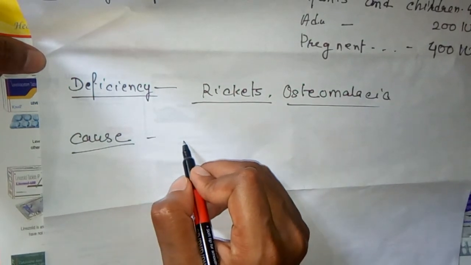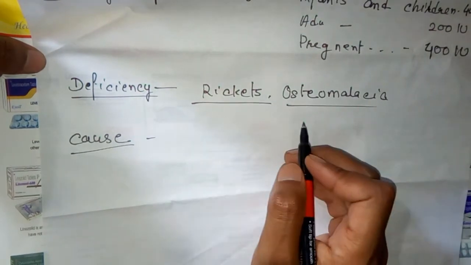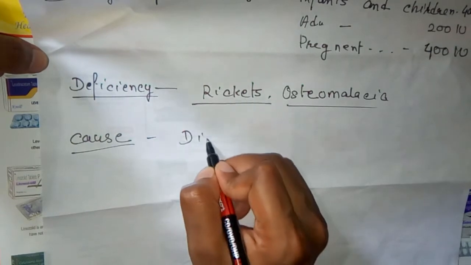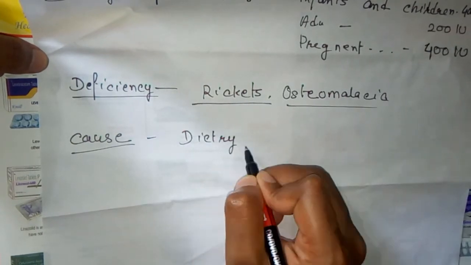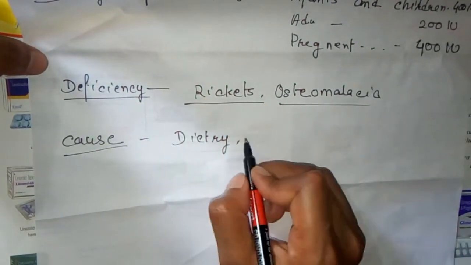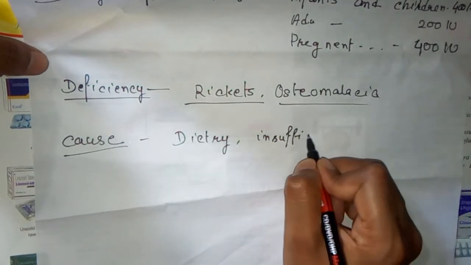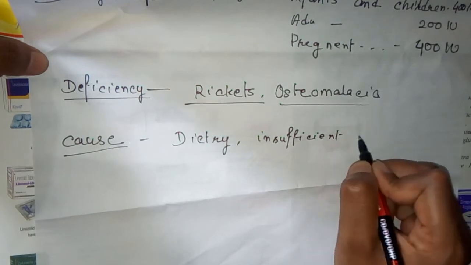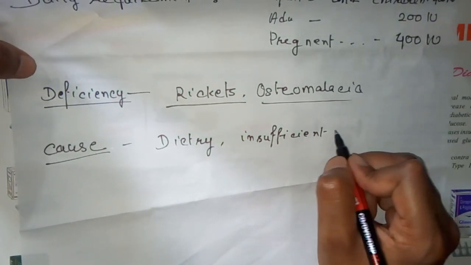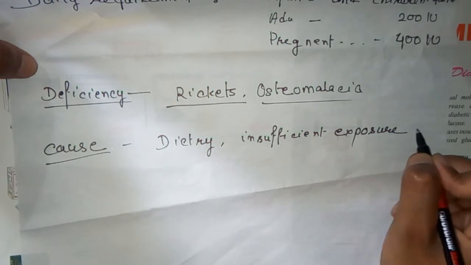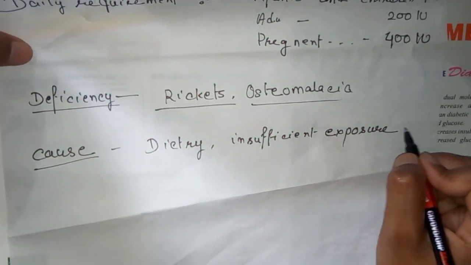Number one is dietary insufficiency or insufficient exposure to sunlight.